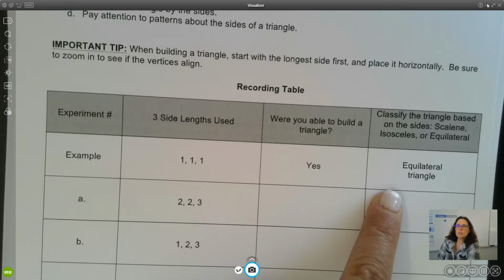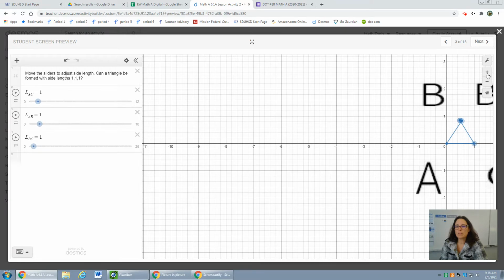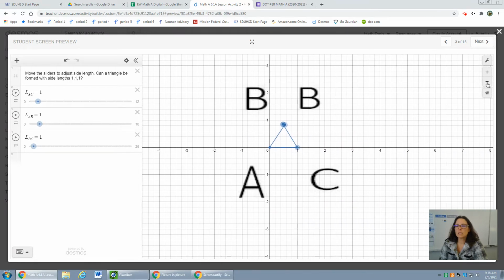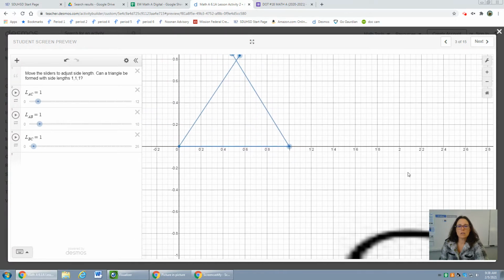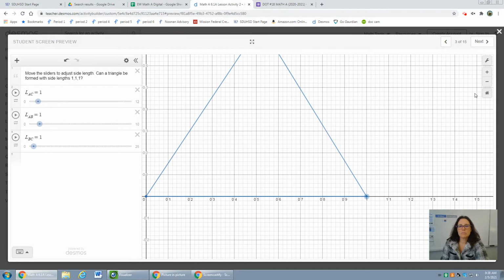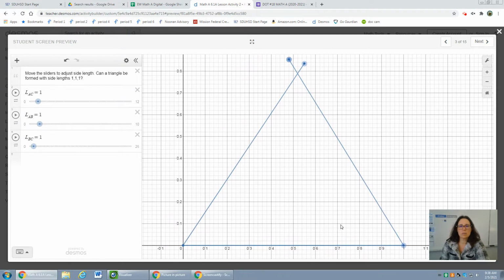Okay, so let me go back to this. I'm going to change these sides to 1, 1, 1, and I'm going to blow this up so we can really see. That's probably good.